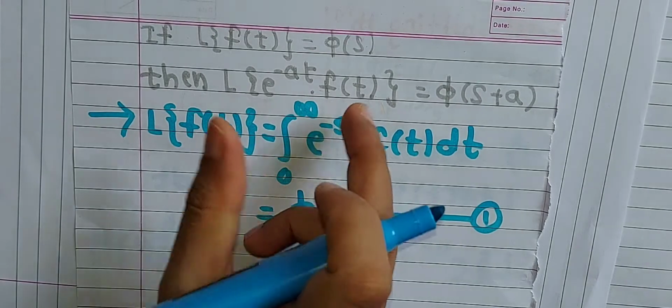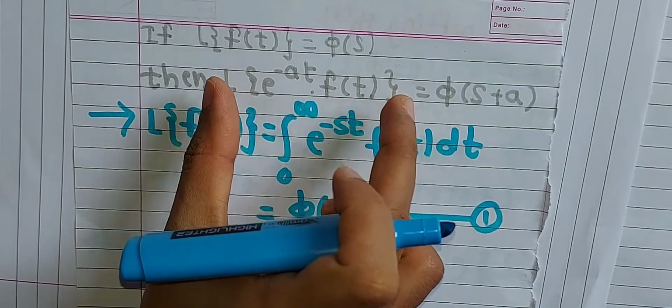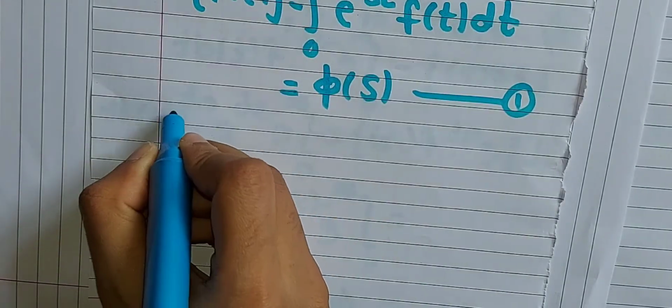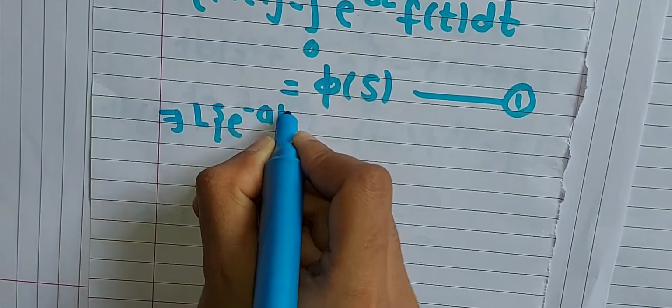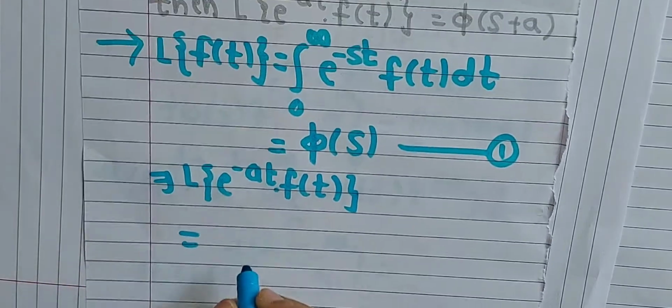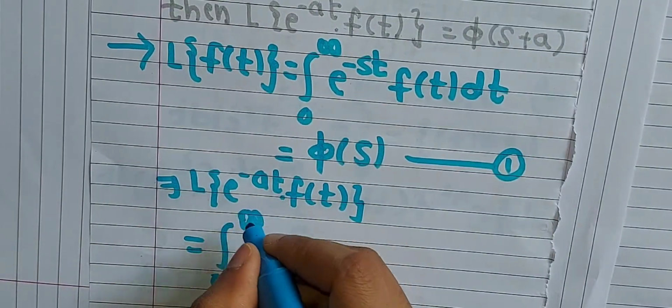Now we only have to calculate this value. With the help of this definition we are going to create its definition. So consider the Laplace transformation of e raised to minus at into f of t. With the help of the definition we can write this as the integration from 0 to infinity.